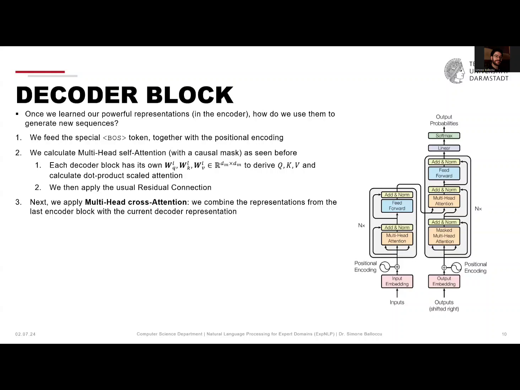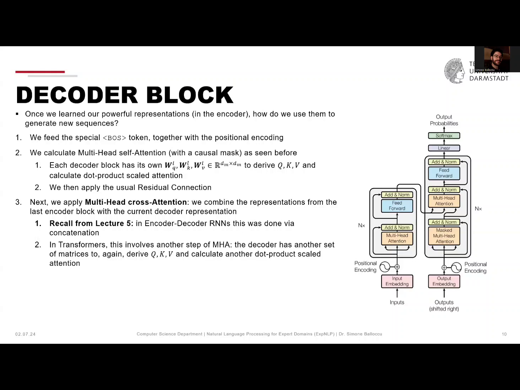We used the output of the attention score calculated with each encoder state, and then we combined them in the decoder somehow. You may remember this was done by just concatenation. In the transformer, we don't concatenate, but it's another step of multi-head attention. So the decoder has another set of matrices to again derive query, keys, and values. And via this, we calculate another scaled dot-product attention. So it's just the same process, followed by another residual connection.